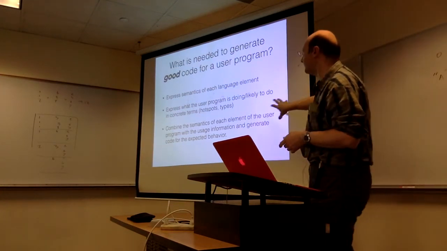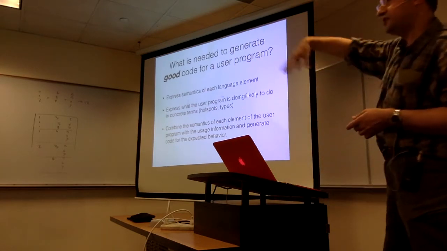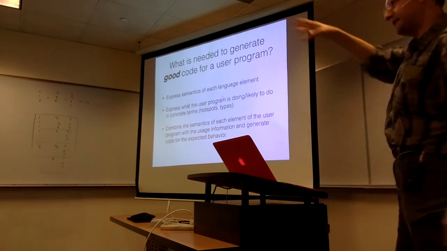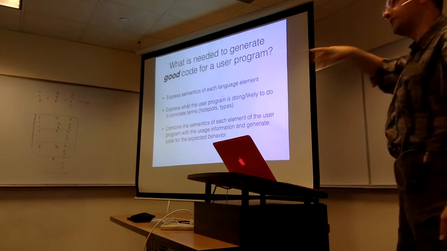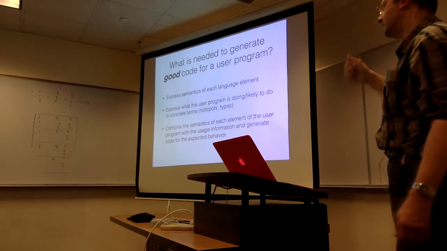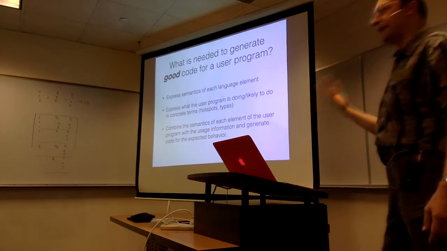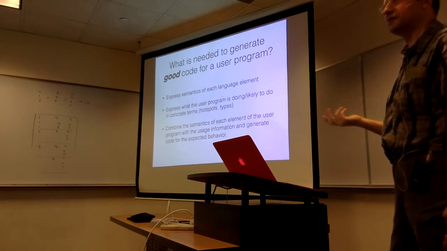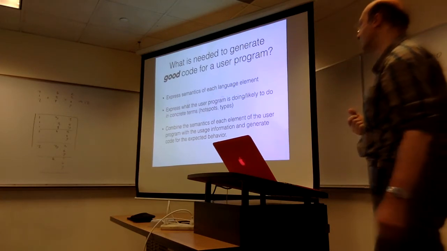So we're going to combine the semantics of each element of the program in the same way that I just showed you, but we're also going to drive the way we combine it based on usage information gathered, say, through an interpretation warm-up period.